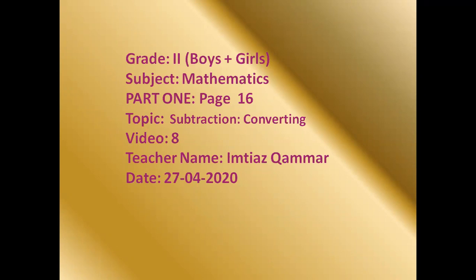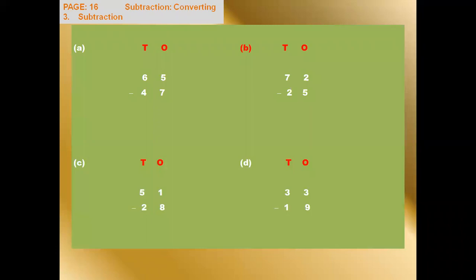Today we will do page number 16 of the book. So what is page number 16? Subtraction. We have already done some questions of subtraction with the help of lines.